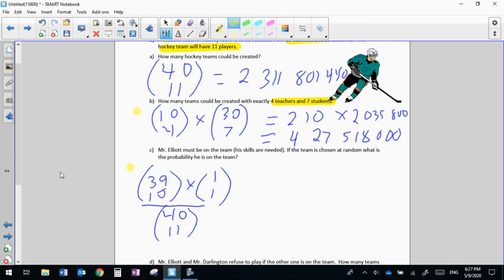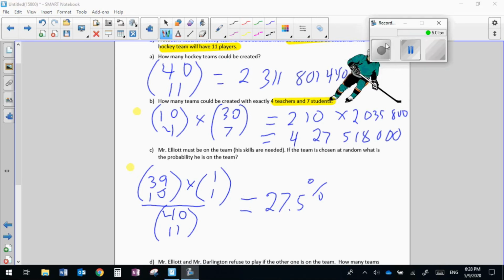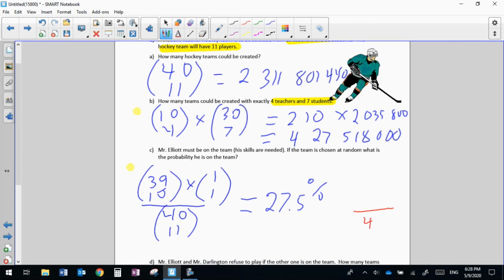If you figure all that out, you get some big numbers, but in the end, you divide it out, you get something that is actually exactly 27.5%. Now, that shouldn't be surprising. We don't actually need to solve the problem that way. Look, there's 40 total people who want to be on the team.